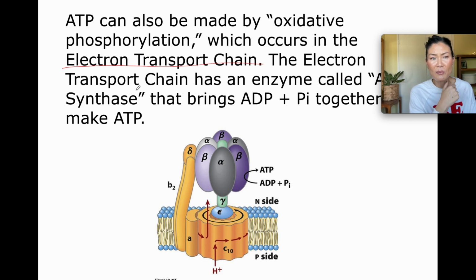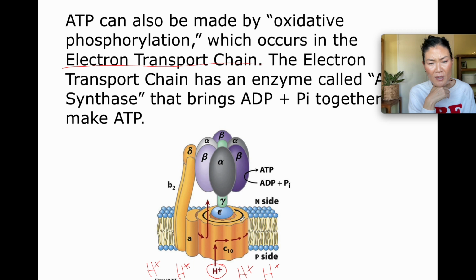And the electron transport chain is going to be building up what we call a concentration gradient of protons. And at the end of the transport chain, there is an enzyme called ATP synthase. It's a really cool enzyme. As the protons, or H pluses, move down their concentration gradient, because there's a whole lot of them on this side, they're going to move down their concentration gradient through ATP synthase.